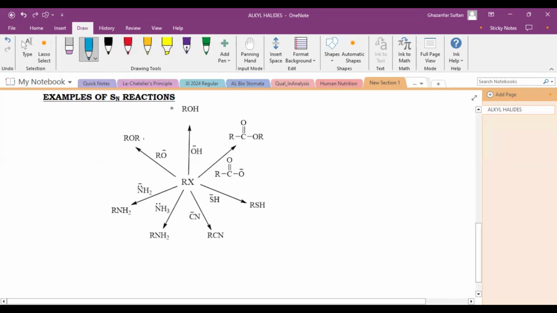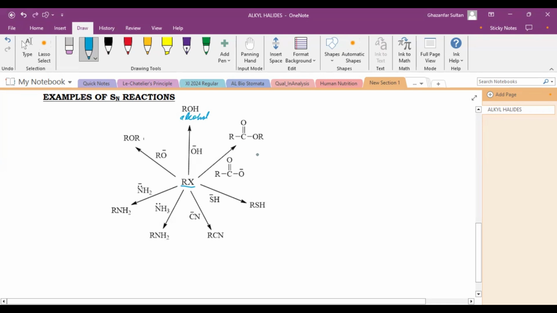Alkyl halides can undergo several nucleophilic substitution reactions, and we start from here. This is an alkyl halide that we have represented by RX. This halide can be replaced by OH by using potassium hydroxide in aqueous medium or sodium hydroxide in aqueous medium, and ultimately it generates an alcohol.